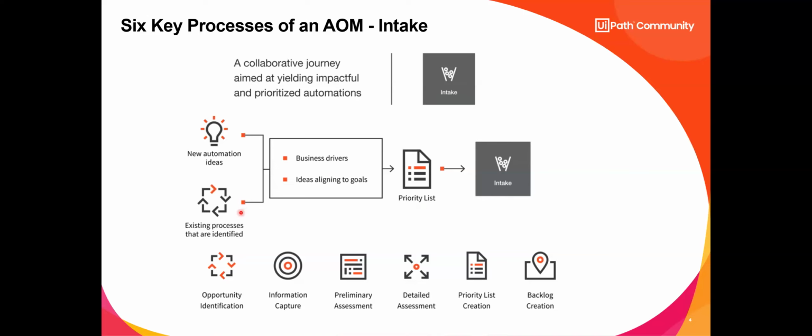So this intake process includes identifying your opportunities, capturing detailed information. These are probably where the BAs are working in here. Your preliminary assessment, which is BA type of stuff, would be your PDDs, those kind of things. Detailed assessment would be, if you've ever worked with a solution architect, this is going to be the guy, and we'll talk about him in a minute again.